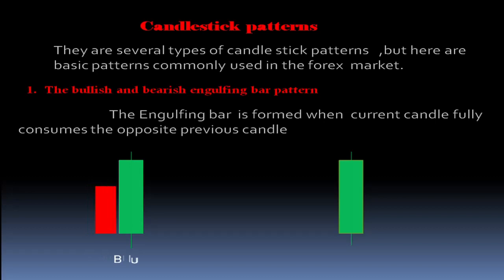As seen in the bullish engulfing, we have selling power, or a bearish candle, as seen in that red candle, and then we see a bullish candle forming, engulfing or consuming the previous selling power, meaning that the buyers have taken control of the market. So when we see a bullish engulfing pattern in the market, we anticipate the buying is going to take place in the next period of trading.